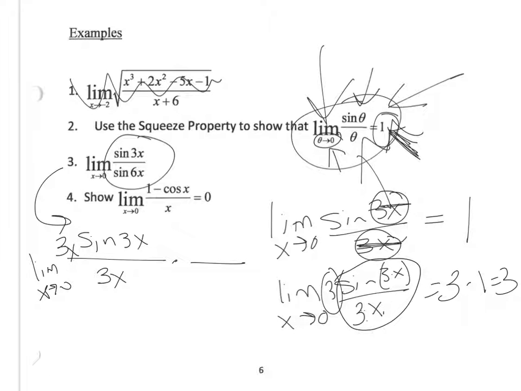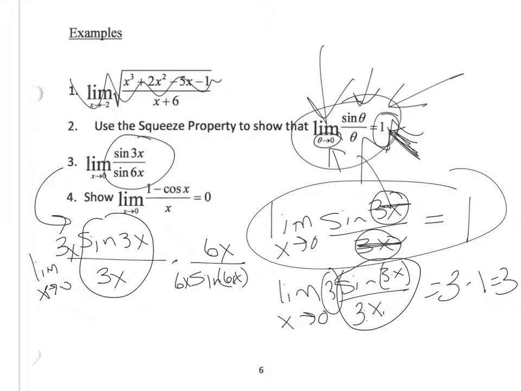And this is sine of 6x. What if I had 6x on the top here? That'd be really nice. So I'll put 6x on the bottom there. That's totally allowed. All right, so we just got done saying that that's 1 over here.